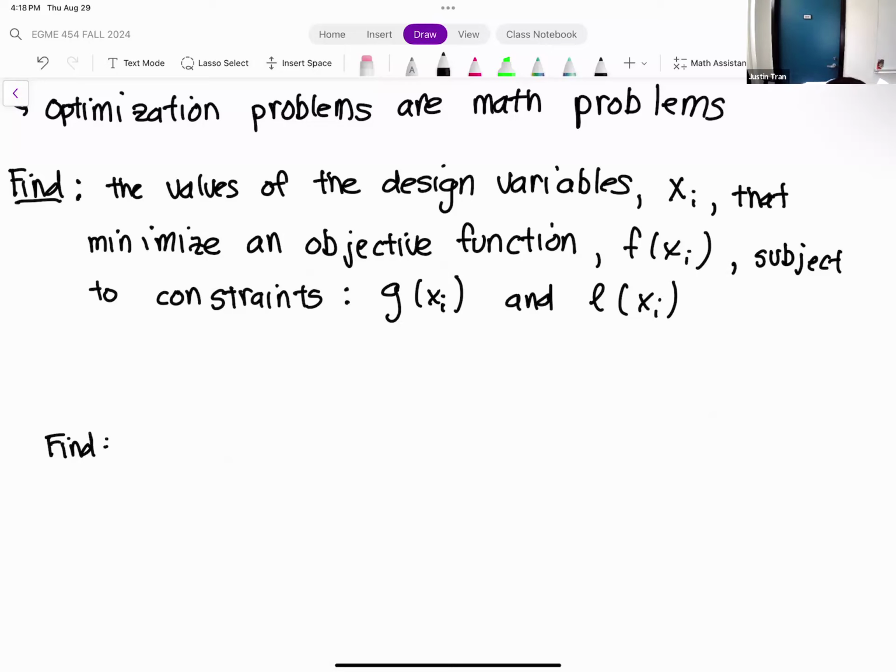We want to find xi, where xi is usually some vector quantity: x1, x2, x3, all the way up to xn.